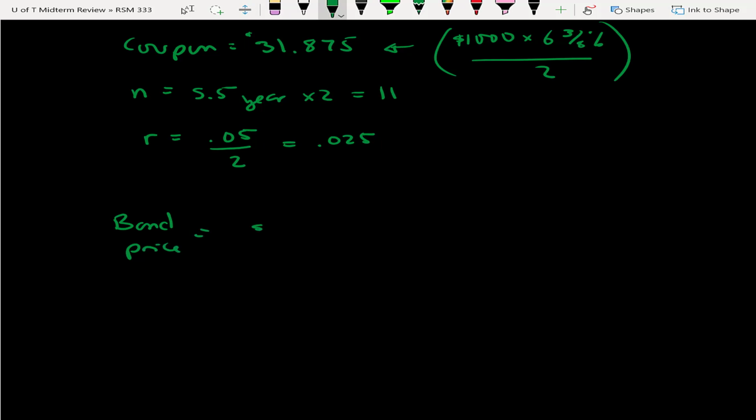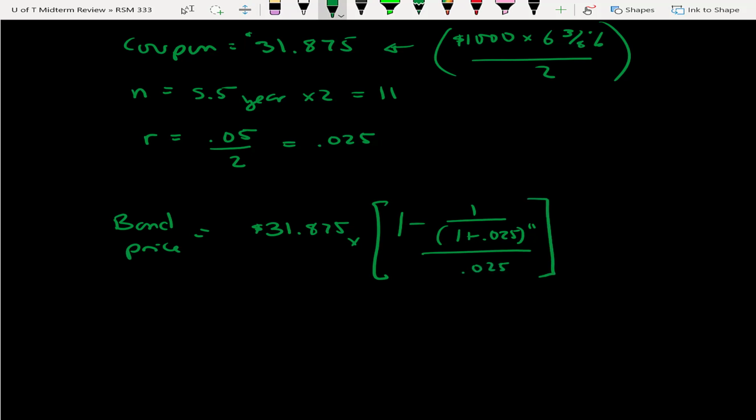So now we just plug everything in to the bond price formula, and we get the following. Coupon of 31.875 times 1 minus 1 over 1 plus 0.025 to the power of 11, over 0.025, plus the face value of 1,000 divided by 1.025 to the power of 11.